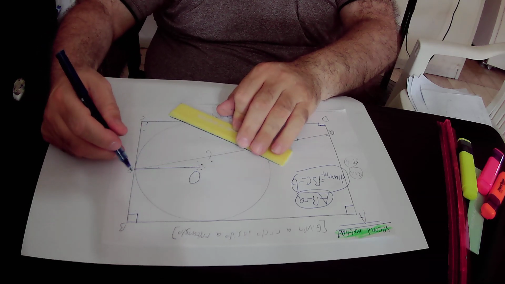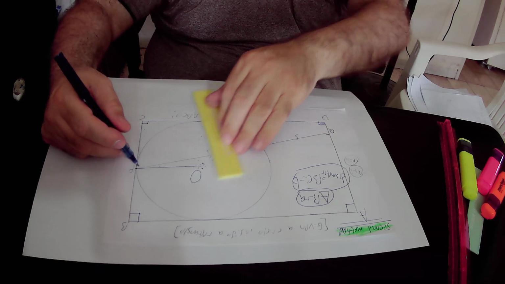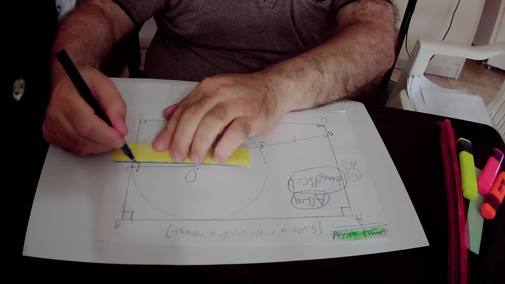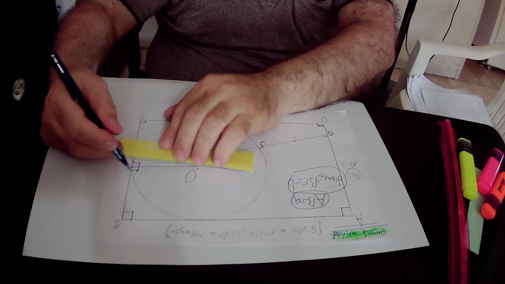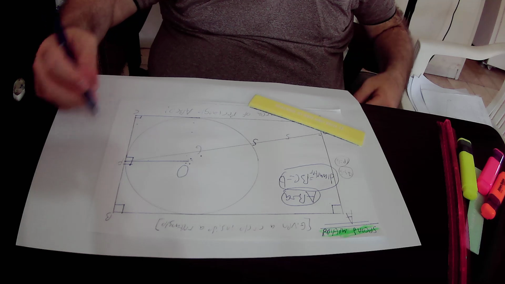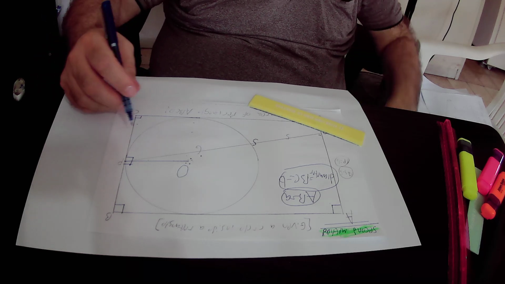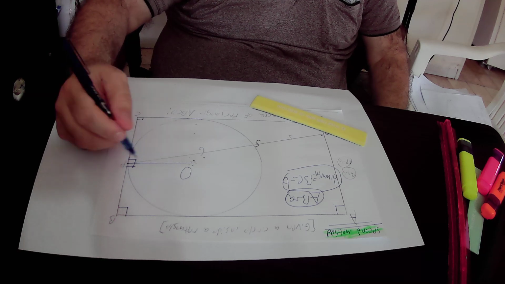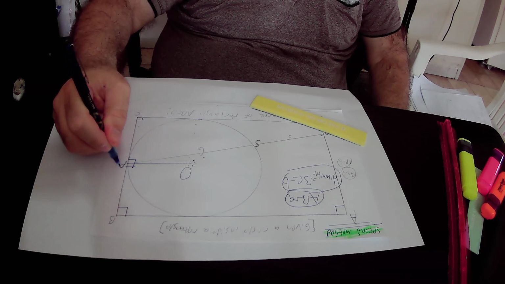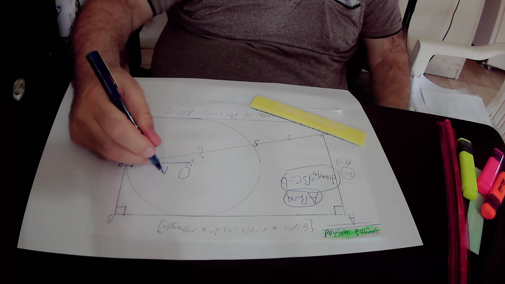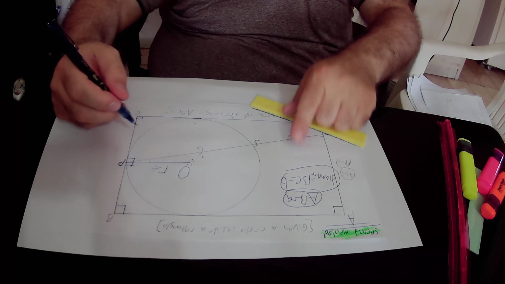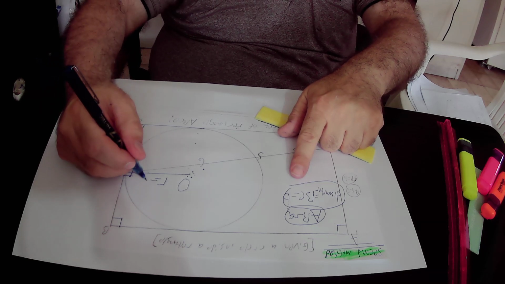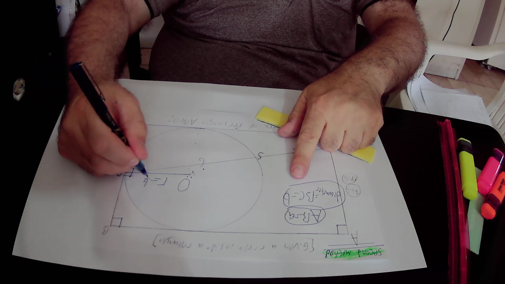We have already, according to rule number 1, that this angle equals 90 degrees and this angle equals 90 degrees according to the rule that a tangent to a circle is perpendicular to the radius at its point of tangency. O is the center of the circle, P is the point on the circle itself, therefore OP is the radius of this circle. But we know that the diameter is B. If the diameter is B, then the radius must be half of it, that is B over 2.